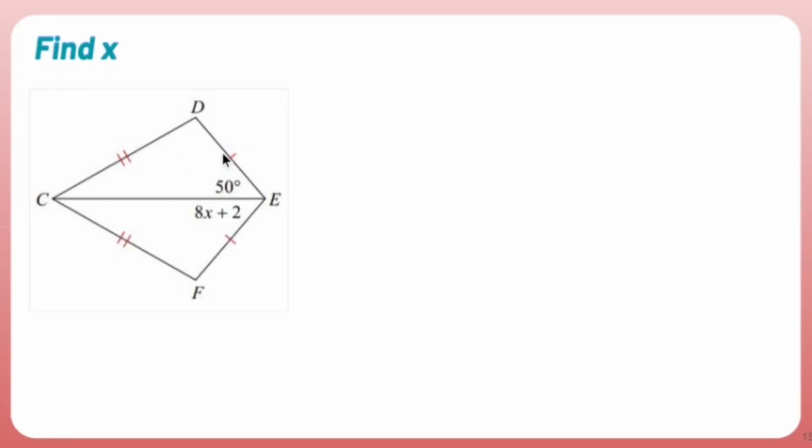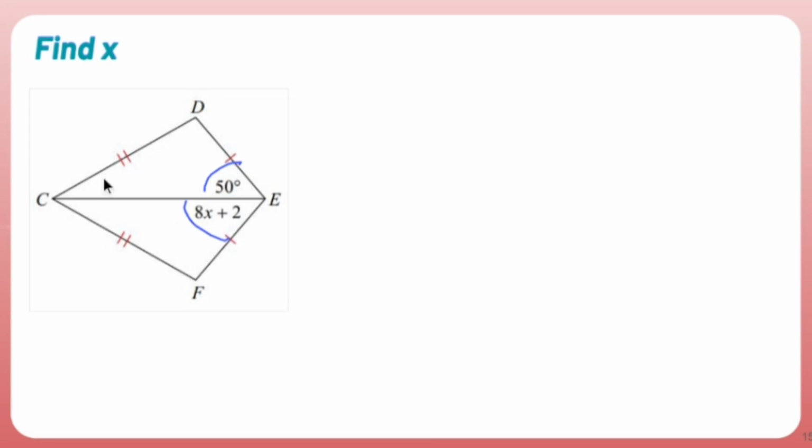Find X. What do I have? I have these two guys are congruent and these two guys are congruent. We have a kite. Now, what information am I given? I'm given 50 degrees right here and 8x plus 2. And these guys are created by taking CE, which is technically a diagonal of this kite.